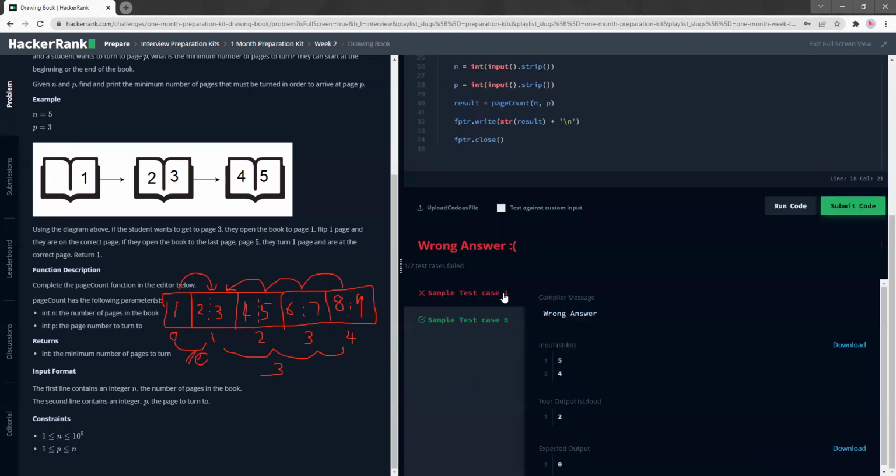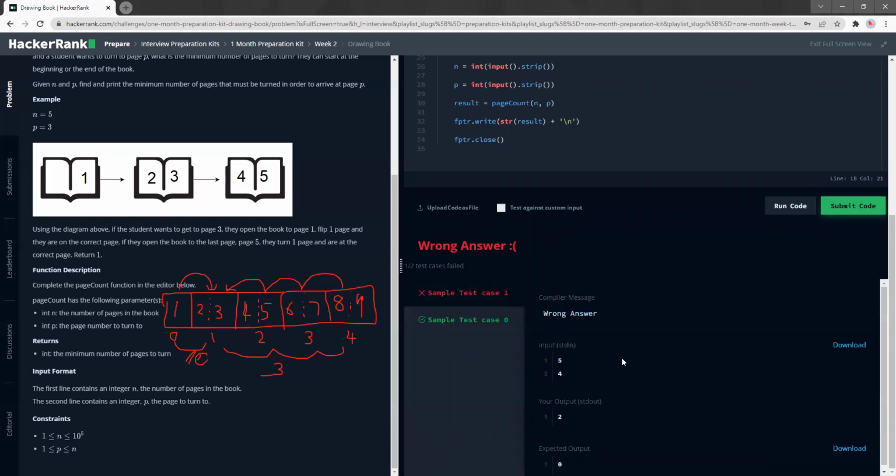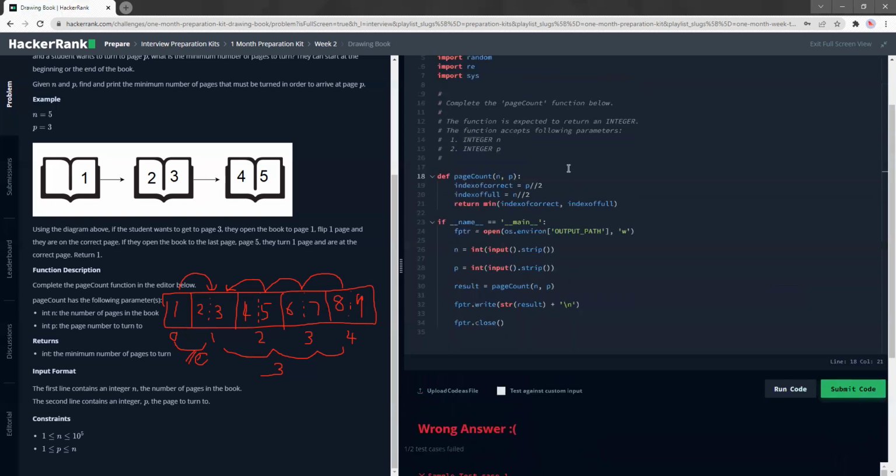Let's see. Okay, I'm getting wrong for this. Why? Okay. So the full page is 5, and they expected us to get 4. Whoops.